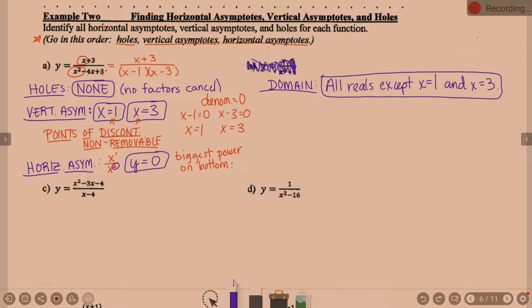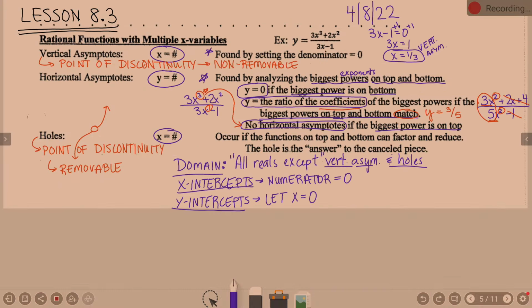Okay, besides domain, I said what? X-intercept. Did you flip back to the front page again? Or are you just waiting for me to tell you? You're writing, okay. X-intercepts happen when y equals 0, but the easiest thing to do is set your numerator equal to 0. What's my numerator?